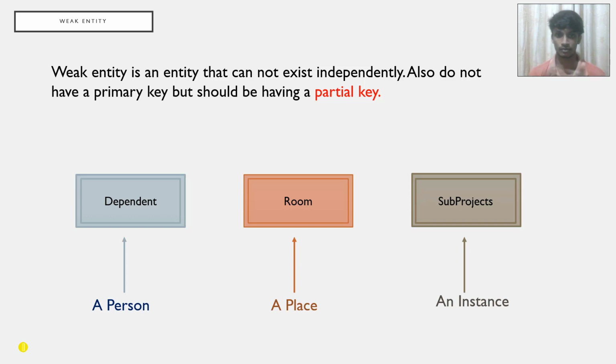Here I have given some graphical representations for the weak entity. The first one is dependent. Dependent is basically a person, room is a place, and subproject is an instance. If you are familiar with this word, imagine dependent.